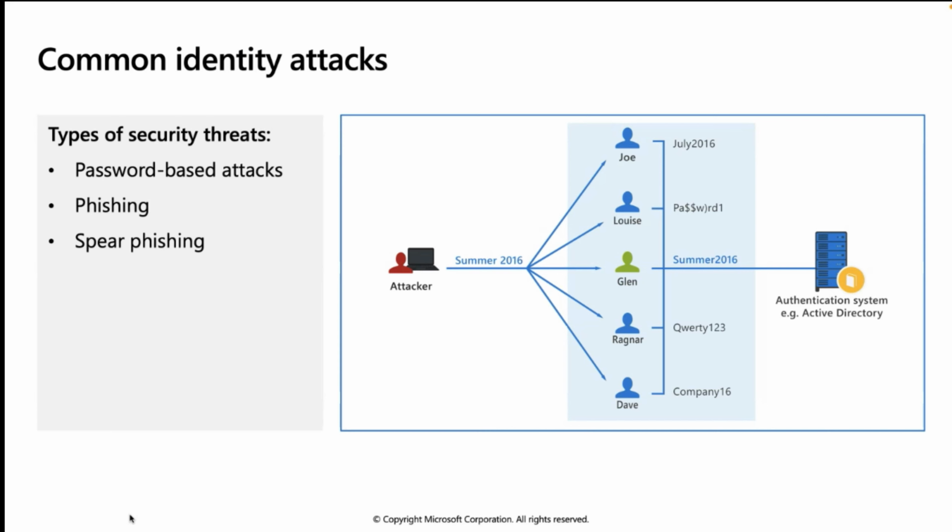Now, phishing attacks. You can see here an attacker will typically target a particular user. In a phishing attack, I'll try and send you a malicious email, and hopefully you'll go ahead and click on that malicious link, which is obviously really dangerous.